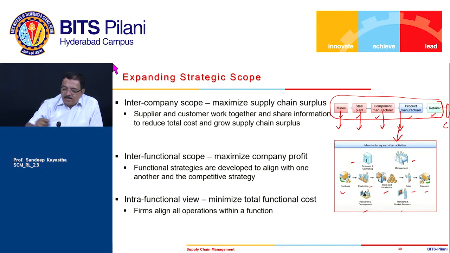So when we say that supply chain should be aligned to get the maximum for everyone, it is not only between what the parties should do with each other, but also each one of them has to internally align their operation so as to achieve supply chain strategy. So what we have shown here is intercompany.